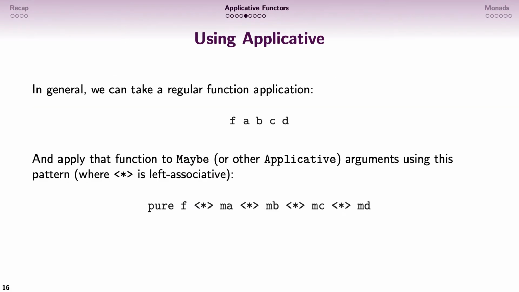So I have a schema here. And this takes a regular function application and sort of lifts it up into the maybe or whatever other applicative functor realm you want, right? So we can apply this function that is now operating on maybe arguments rather than just plain arguments.